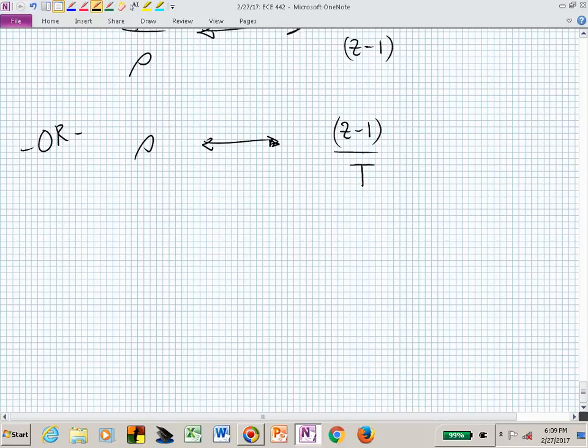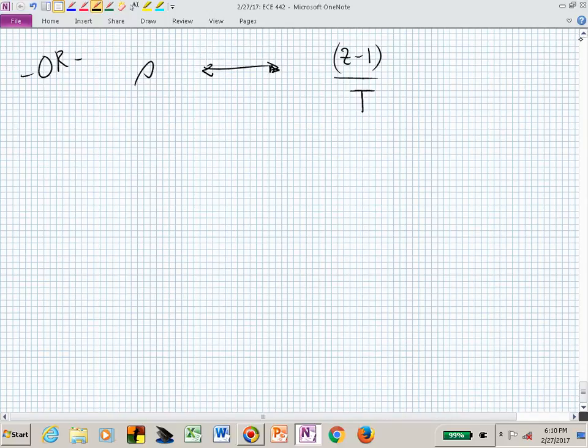Well, if we have a transfer function that has these s's around, that's our s domain filter, controller. Now we would just replace everywhere we see an s with this expression, z minus 1 over T, and we have our discrete equivalent. How easy can that be? And that's a numerical integration discrete equivalent using the forward approximation.